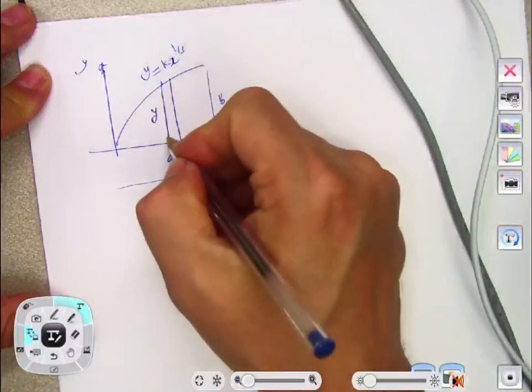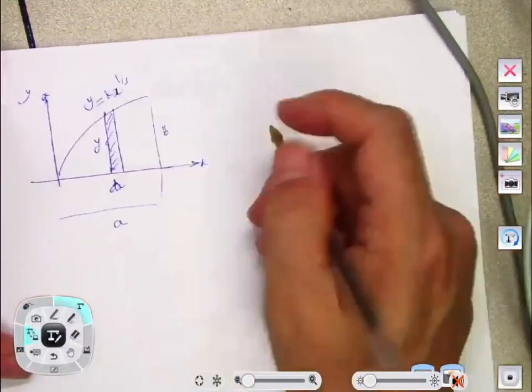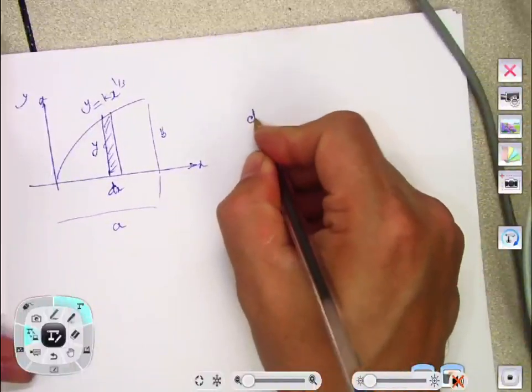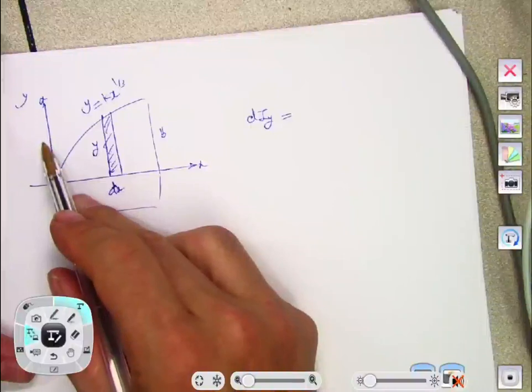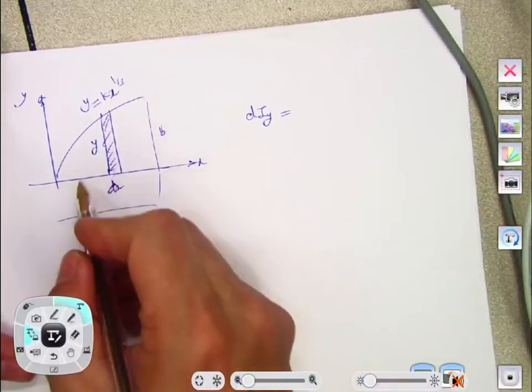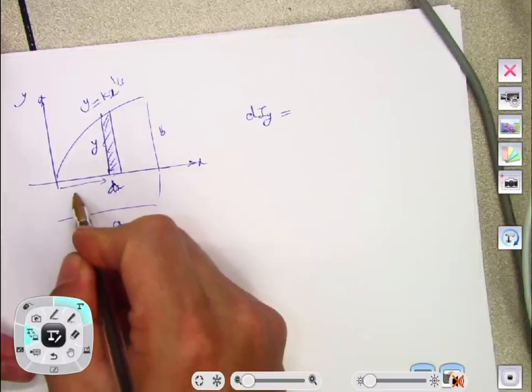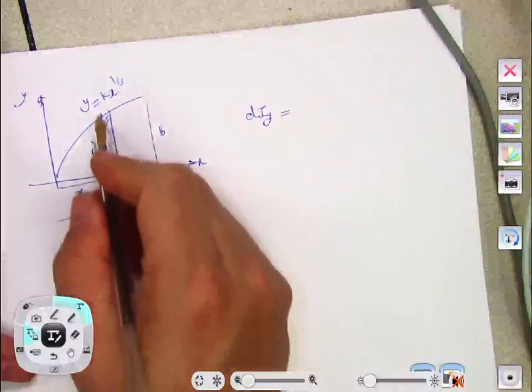So this time, what would be dIy, the moment of inertia of this differential element about the y-axis? If you look at this area now, all of it is the same distance from the y-axis. Everything here is.